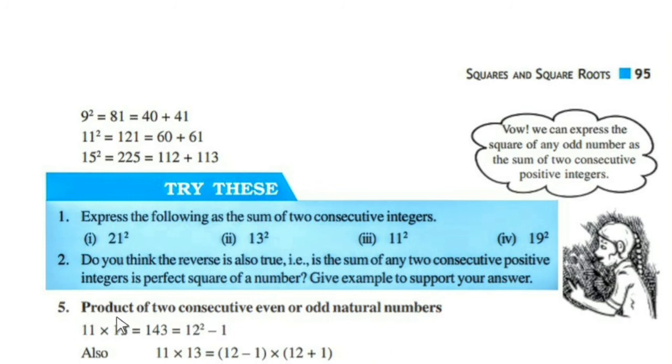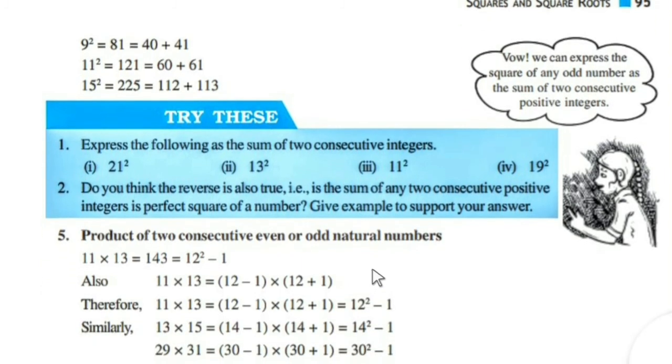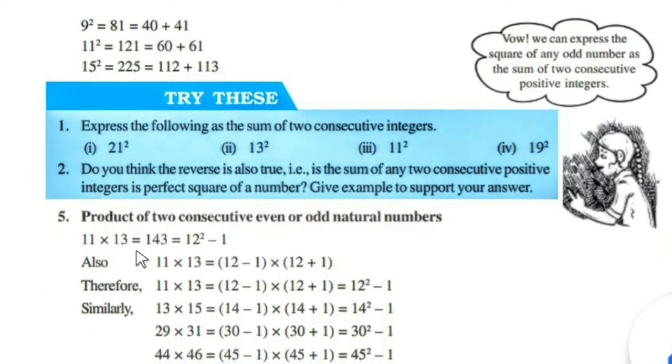Now fifth point, product of two consecutive even or odd natural numbers. Now let us see. 11 into 13 equal to 143 equal to 12 square minus 1.